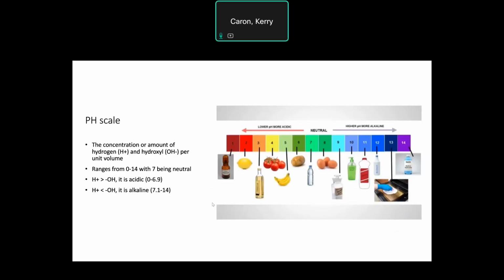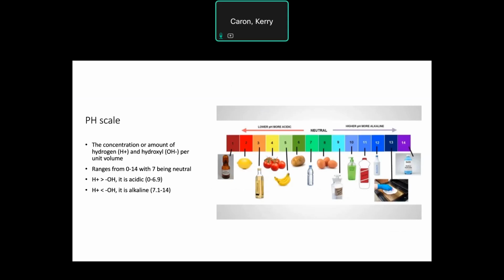Okay, pH. pH is the amount of acidity or alkalinity in something. Okay, it has to do with hydrogen ions and hydroxyl or OH negative. Okay, for our purposes, let's think acid base. Alkaline is base, acid is acid.